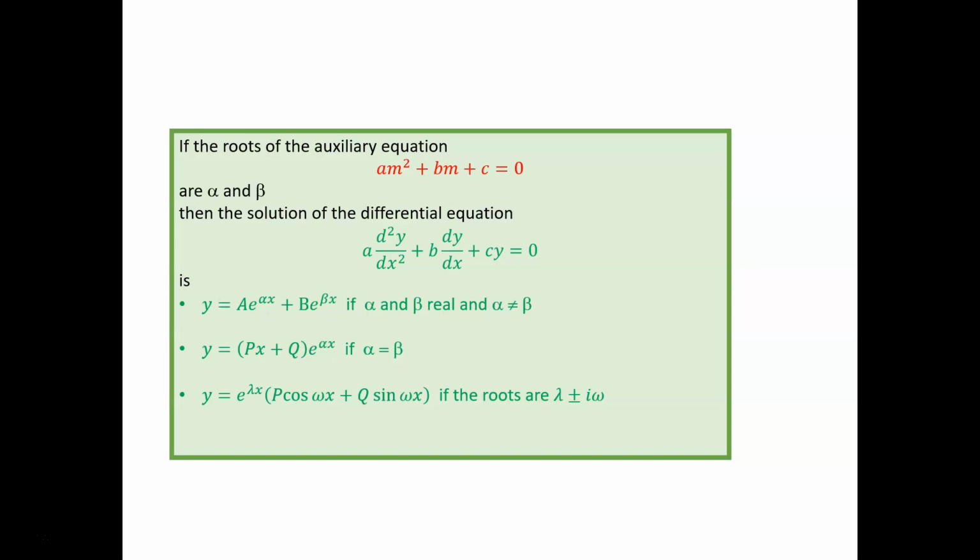And if alpha is equal to lambda plus i omega and beta is equal to lambda minus i omega, then the solution of the equation is e to the lambda x times (p cos omega x plus q sine omega x). And these were exactly the three results that we had set up in the previous video.